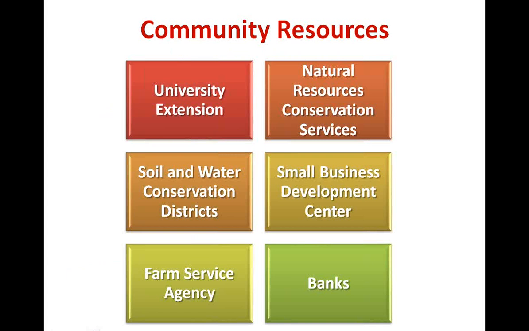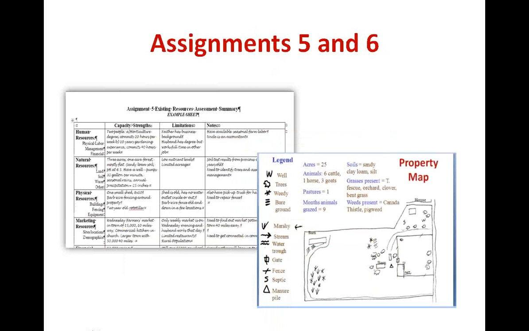Okay, our assignments for this week, assignments 5 and 6. I already kind of told you about assignment 6, which is your map. Assignment 5 is taking all of the things I just went through and getting them down on paper. We have put on there an optional worksheet, that's the Farm and Ranch Resource Evaluation Worksheet, and it's very long.